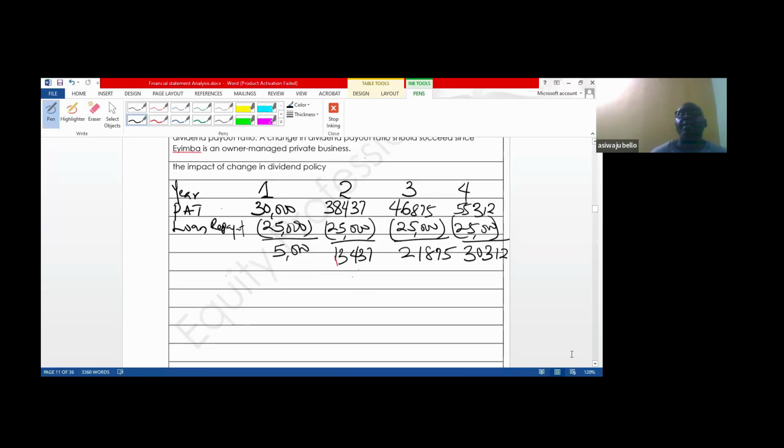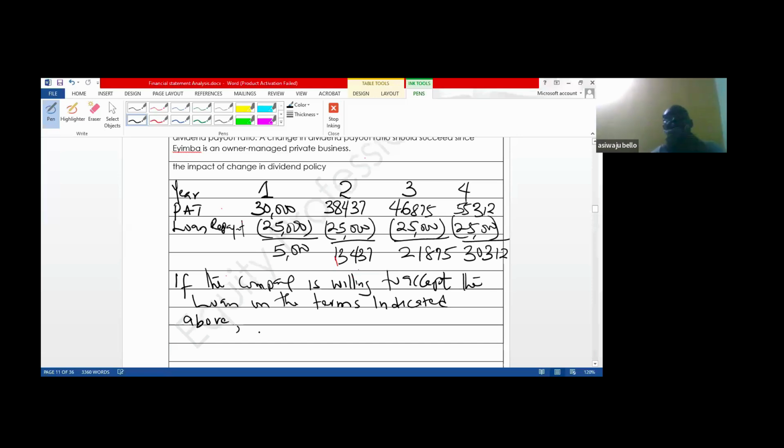Look at the comments here. If the company is willing to accept the loan on the terms indicated above, it may have to change its dividend policy.